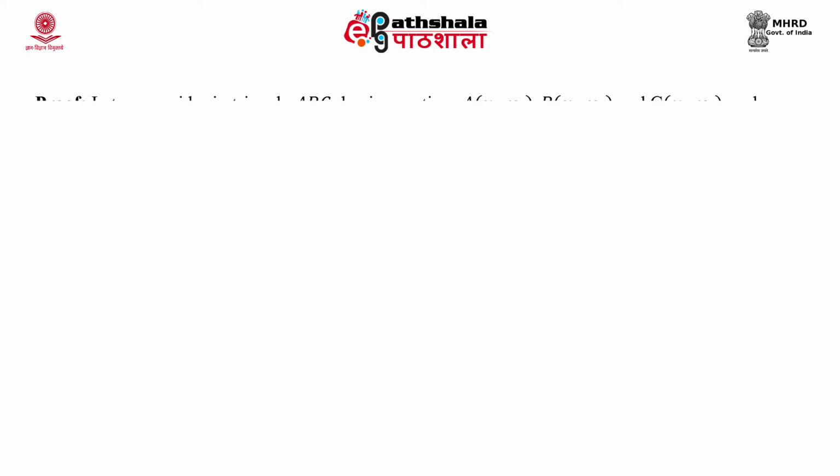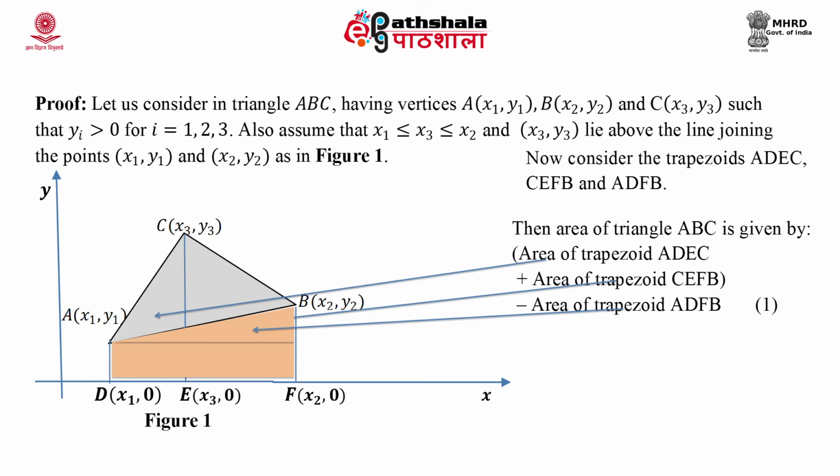So let us consider the triangle ABC having vertices A x1 y1, B x2 y2, C x3 y3, such that yi is positive for i equal to 1, 2, 3. Also assume that x3 lies between x1 and x2, and the point x3 y3 lies above the line joining the points x1 y1 and x2 y2, as shown in the figure.